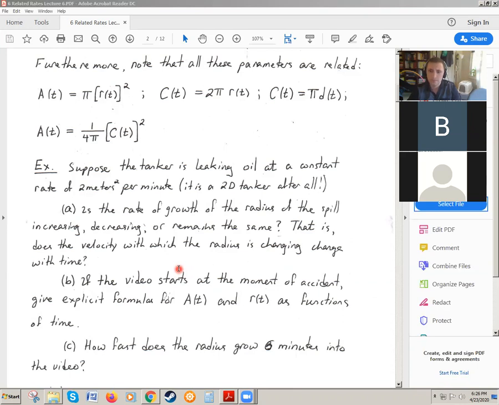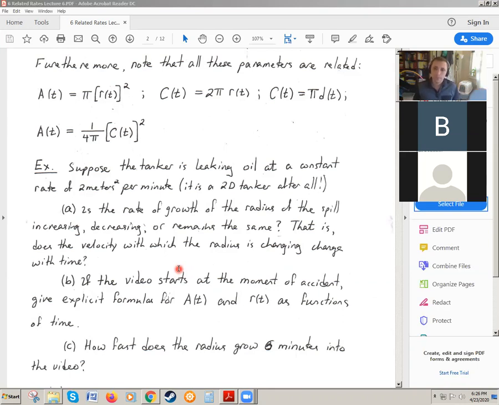Now my question is, how fast is the radius increasing, qualitatively? Is the speed of the radius, as the puddle grows, increasing, remaining the same, or slowing down? You understand?